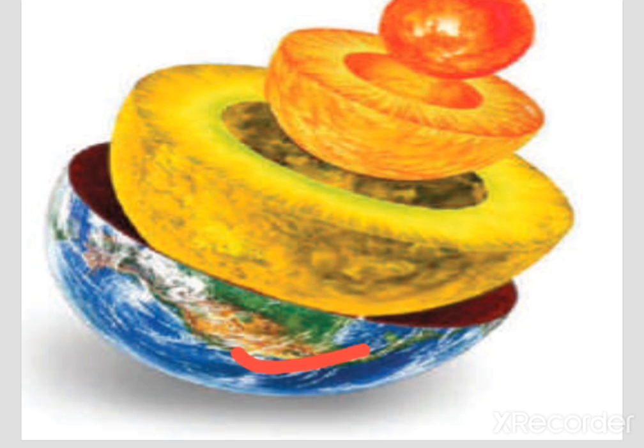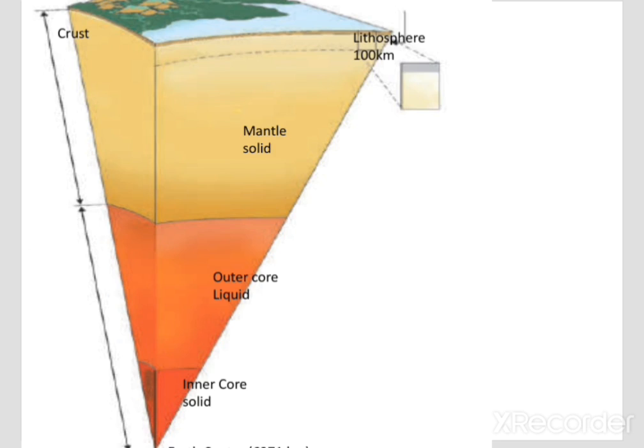This one is a crust, this one is a mantle, and this whole is a core. Look clearly at this diagram: the interior of the earth is classified into the crust, mantle and core.